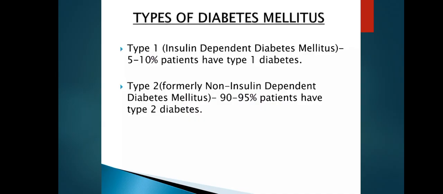Body cells fail to respond to insulin function, and the glucose will not be controlled in our body. 90 to 95% of patients have type 2 diabetes mellitus, the most common type, and it mainly occurs in the adult stage.